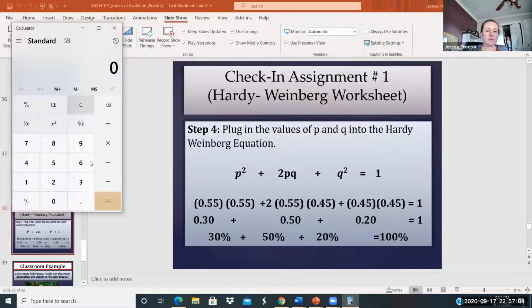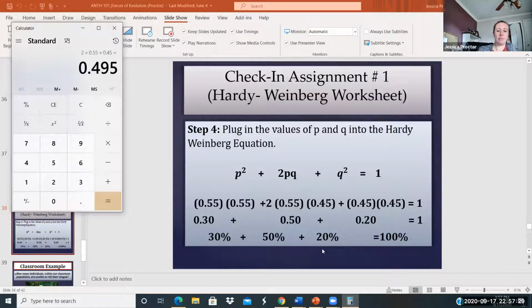We'll do it here in our calculator. 2 times 0.55 times 0.45. All right, so then we're rounding to 2, so we look at that third number, and because it's a 5 and above, we round up.